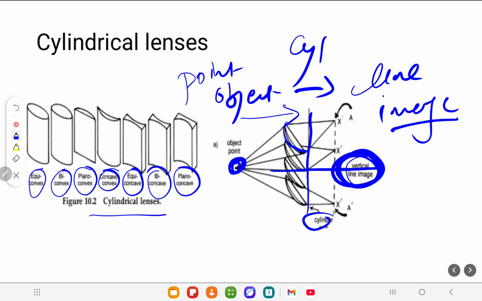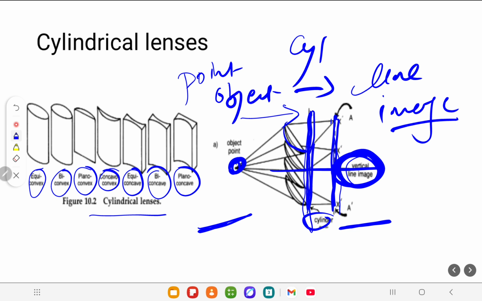In the case of a spherocylinder, a point object forms a conoid, so it's another point. And the line image is always like its axis. If the axis is vertical, at 90 degrees, then the image is formed at 90 degrees. If the axis is at 180 degrees, then the image will form at 180 degrees. It's very important to understand this concept.